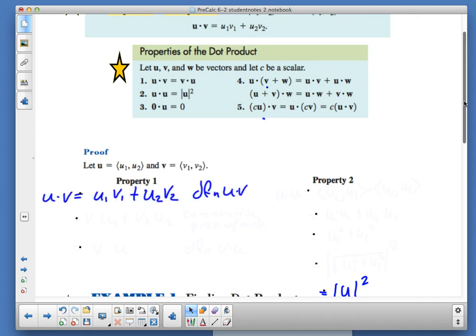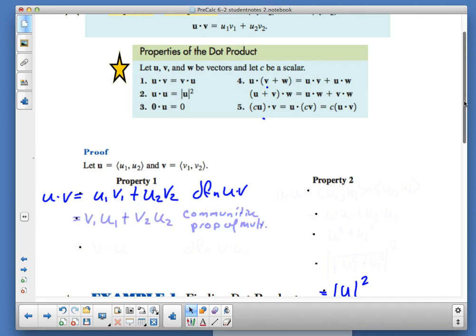And all I'm going to do is pop this in here and talk about, by definition of u times v, I know I can take u times v, and it'll be u1 v1 plus u2 v2. Remember, when I multiply them together, I can add them. But now I'm going to switch their order, okay? Because inside here, u and v can switch their order, so I can go v1 u1 plus v2 u2, because they're separate terms, my a and b being multiplied, so I can multiply out of order.